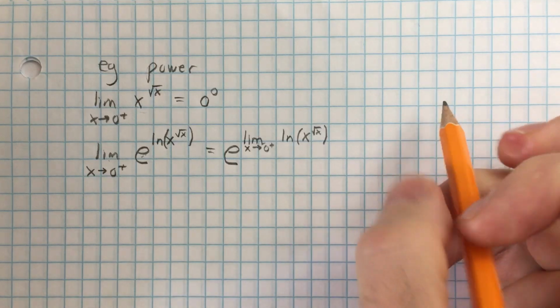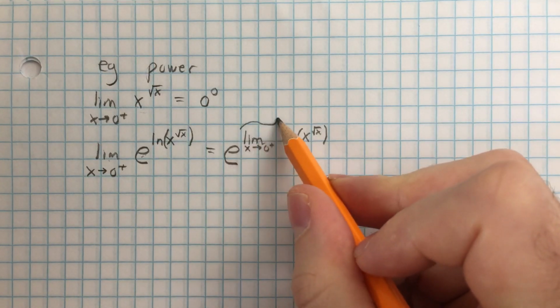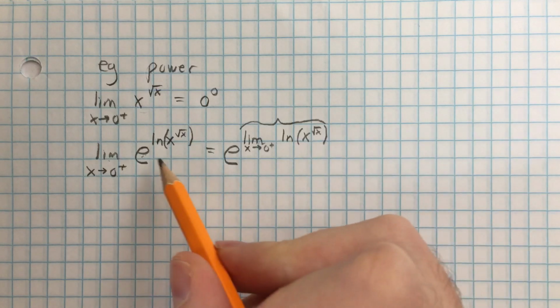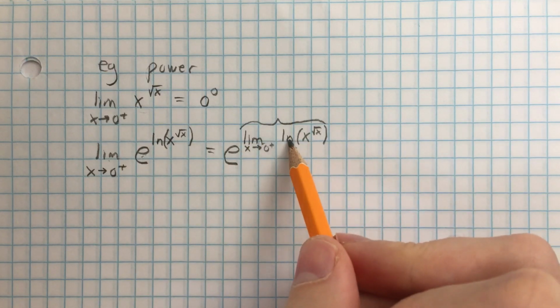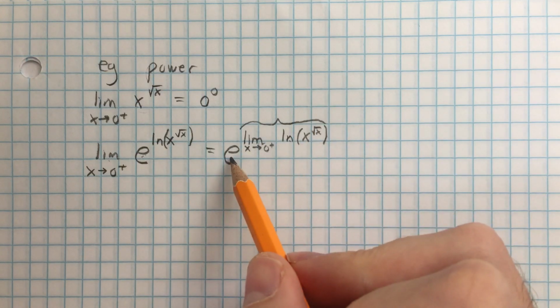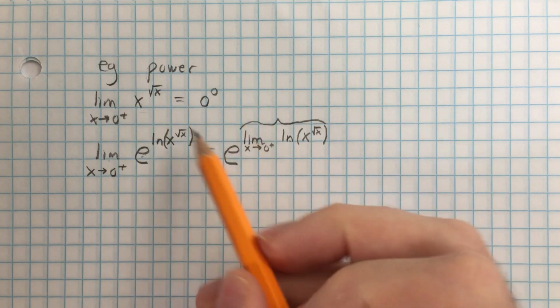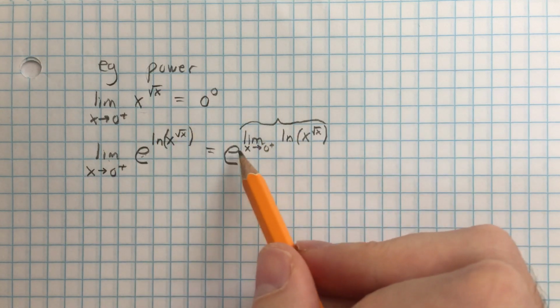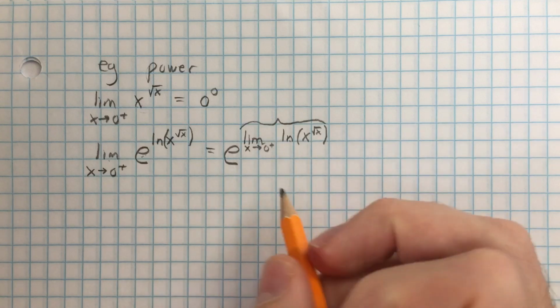Okay? So now this is really what we were going for. I want the natural log because of its properties, but to have the same answer as what you would have had from the beginning, I need to re-exponentiate that to get back to the original.